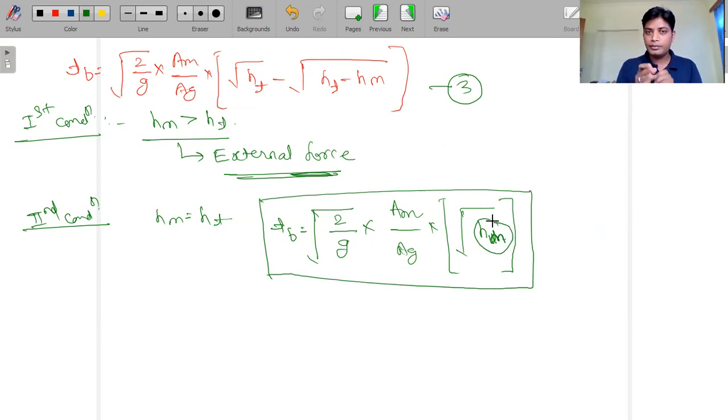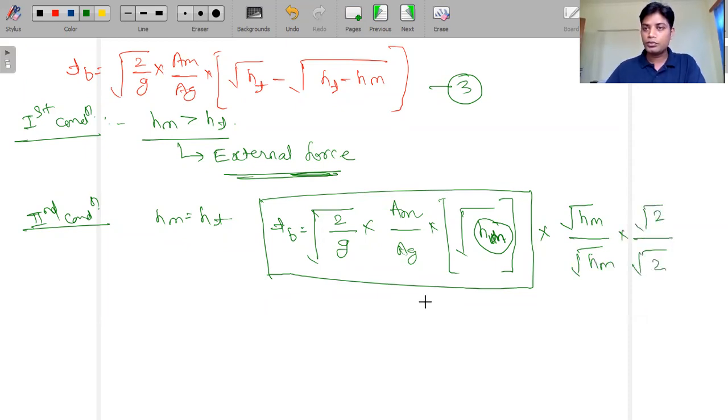Now here I just want to show one of the relationships between the top gate and the bottom gate. To simplify this equation, I'm multiplying by the height Hm, and here also root Hm, and also root 2 upon root 2. I'm multiplying and dividing, so it cancels out, so there is no need to worry. When you multiply root 2 by root 2, it becomes 2 on the top.